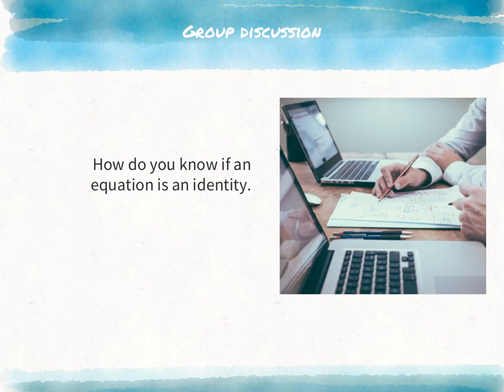So if you had an equation that said x plus 3 equals x plus 3, of course, both sides of this equation are exactly the same. So no matter what value you give to x, your equation will always be true, and therefore it is an identity.